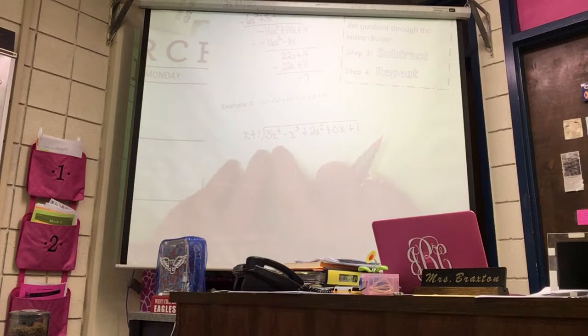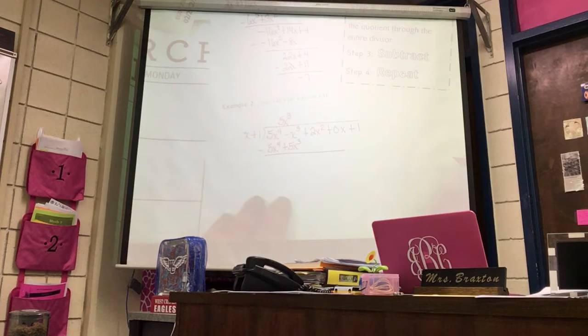All right, so first term, 5x to the fourth divided by x. 5x cubed. Then I multiply 5x cubed times x is 5x to the fourth, and 5x cubed times 1 is 5x cubed.